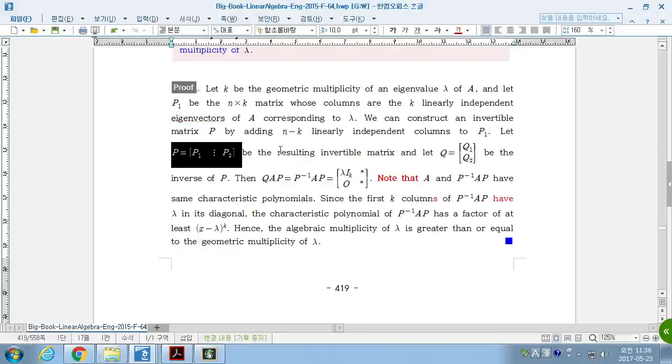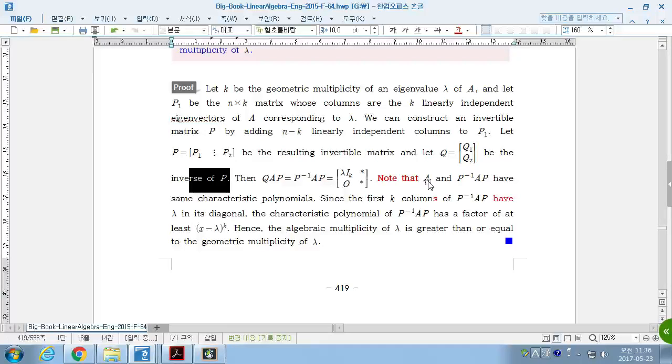Then let Q, a block matrix of Q1 and Q2, be the inverse of P, because P is an invertible matrix. Yeah, P inverse does exist. So P inverse AP can be written as this.